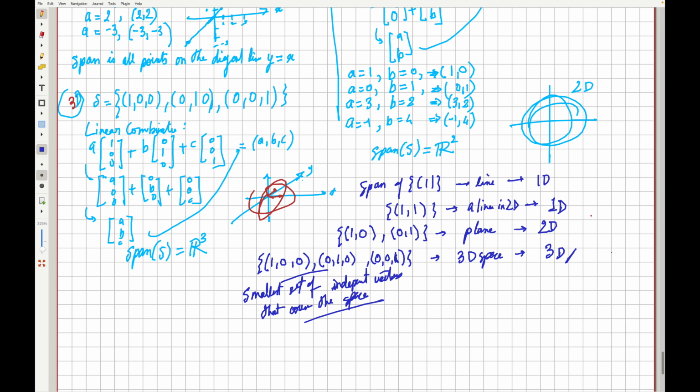And for this, the space is entire 3D space denoted by R to the power 3. This is denoted by R to the power 2, and for this one we are denoting it by R to the power 1. So that's the general idea about the basis vectors. We'll now look at some specific examples.